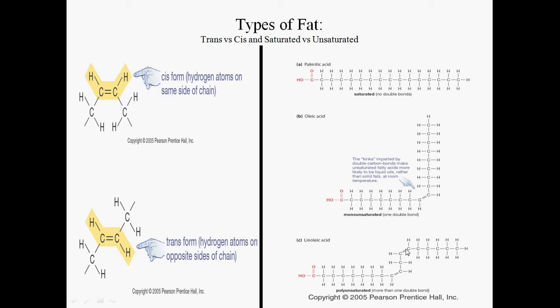In this one, on figure C down here, linoleic acid, there are several double bonds, which means that this is a polyunsaturated fat. If you're looking in your kitchen, you can tell the difference between a saturated and an unsaturated fat, because the unsaturated fats tend to be liquids at room temperature, where the saturated fats are solids at room temperature.